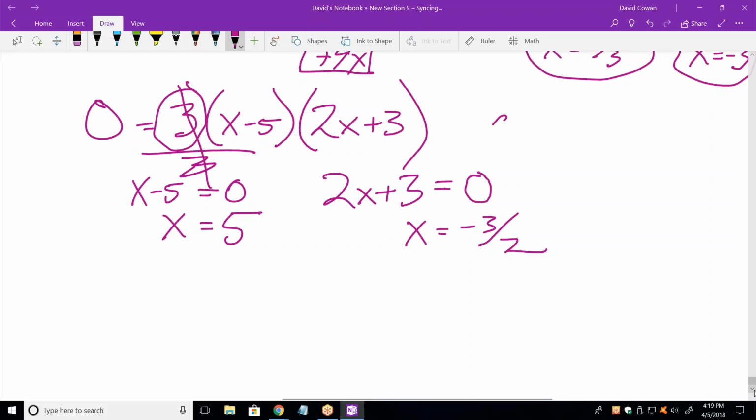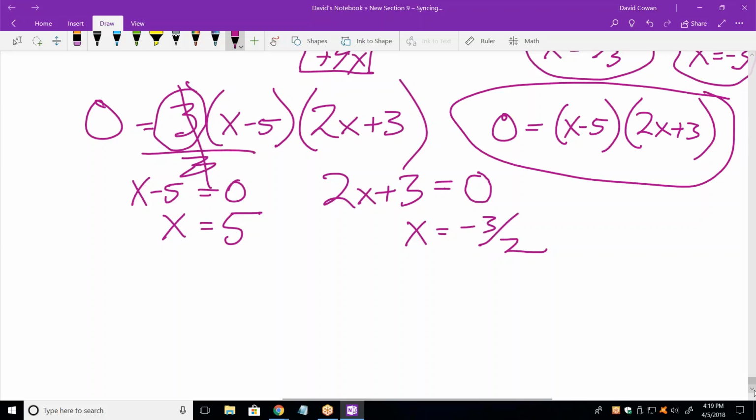So this is the same problem as this. I don't need that 3. It might figure in if they asked what the original function was. But basically, this is the problem over here, and these are the two solutions.